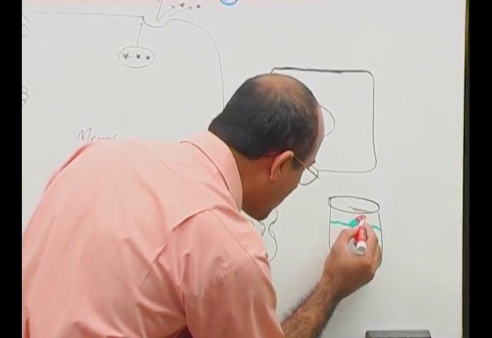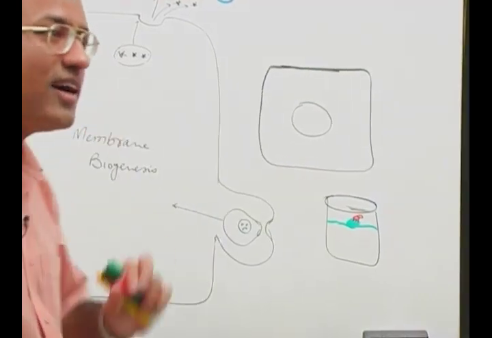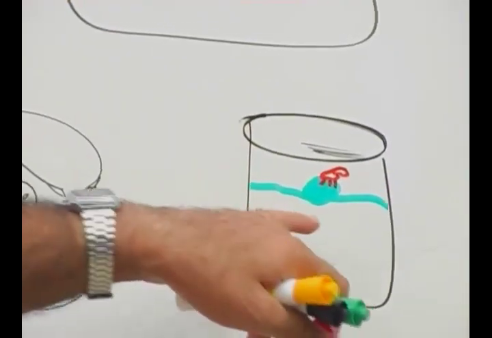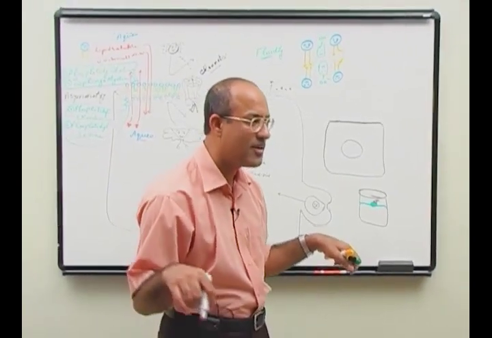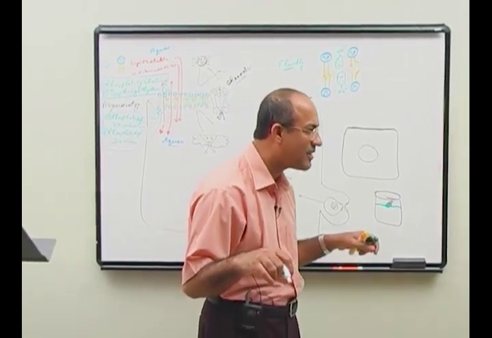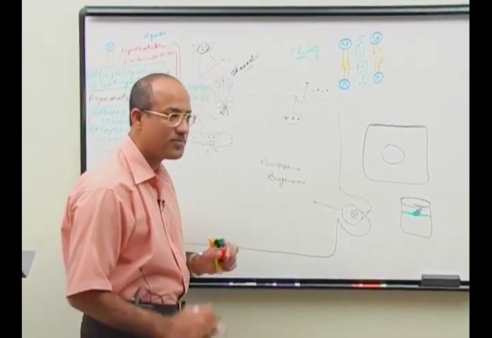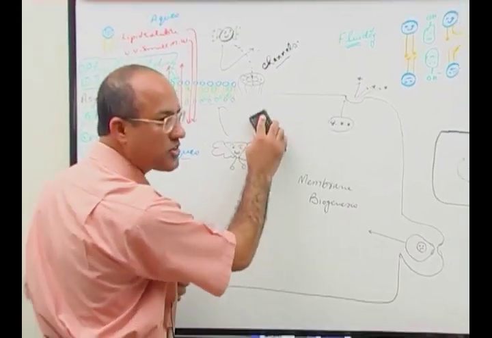I don't know how to draw a frog, but anyway, this is a frog. Something like this is also present in the cell membranes. There's a frog sitting on the butter and using that piece of butter as a personal raft to move and float on the milk. Is that right? Something like that apparatus is also present here. Let me tell you what that apparatus is. Of course, there is no frog there.